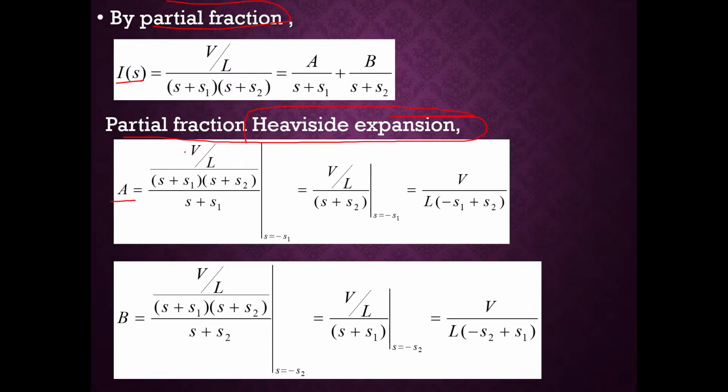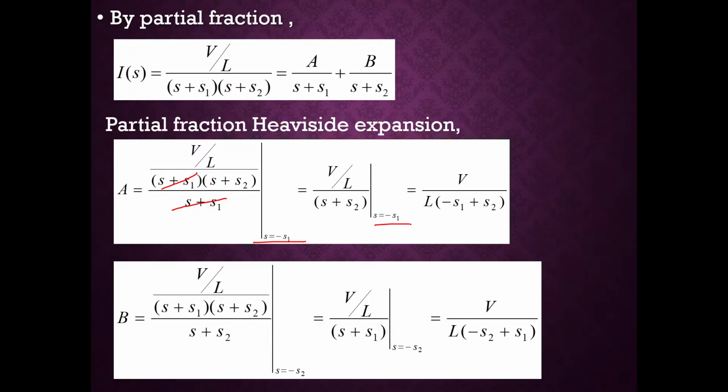So A is equal to what? I of S divided by the denominator of A. What is the denominator of A? S plus S1. So equate S plus S1 to 0, you will get S is equal to minus S1. Now here, S plus S1 and this S plus S1 can be cancelled. What is left over is V by L by S plus S2.